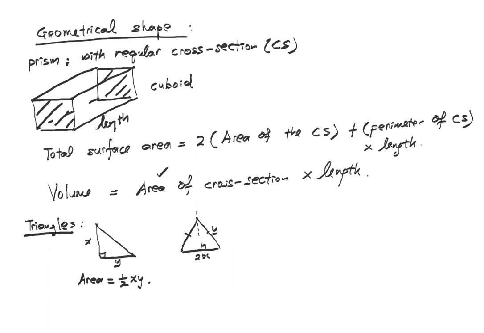So this will be X and this will be X. So the height of this triangle will be equal to square root of Y squared minus X squared. So therefore, the area is equal to half. My 2x is the base, and the height is the what? Here.